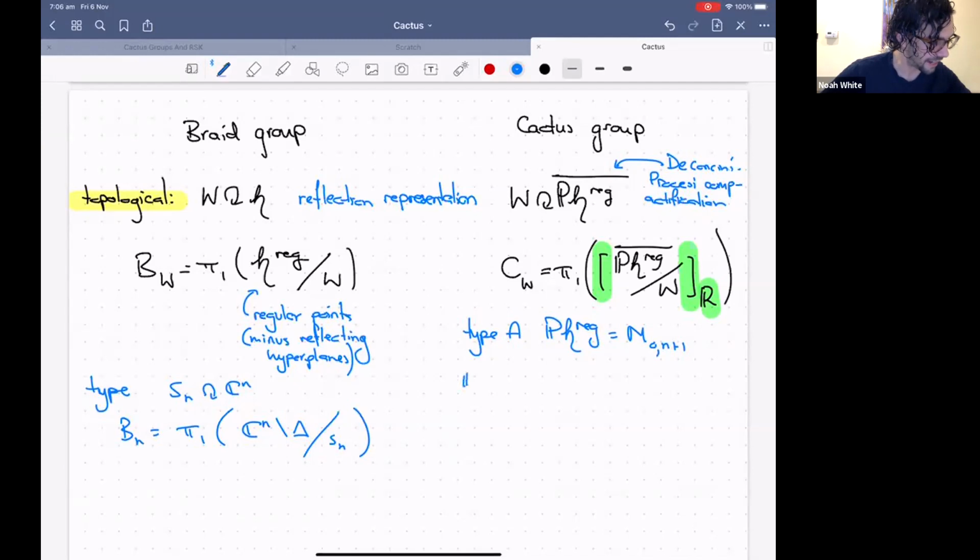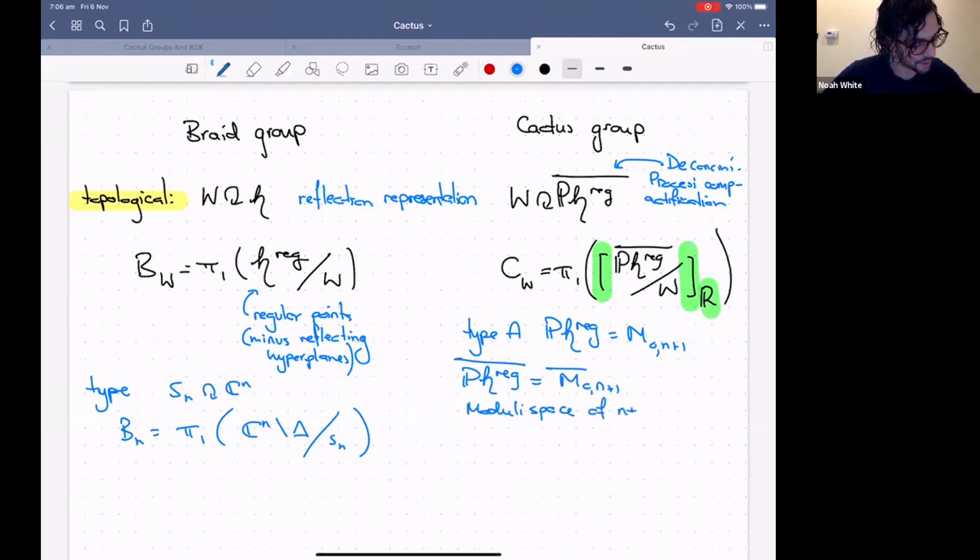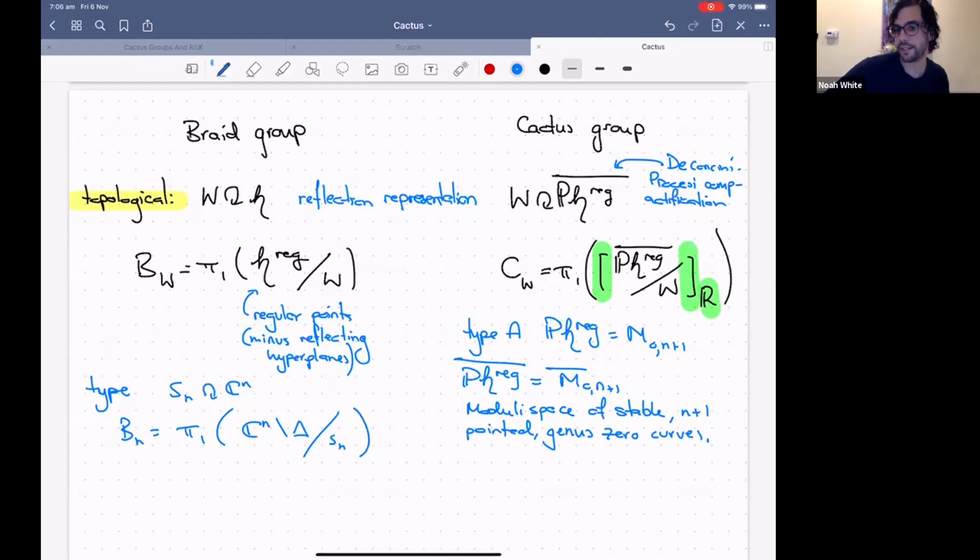And then the compactified version is what's usually written M0,n+1 bar, which is the moduli space of stable n+1 pointed genus 0 curves. Okay, so this is a very classical algebraic variety that comes up all the time.